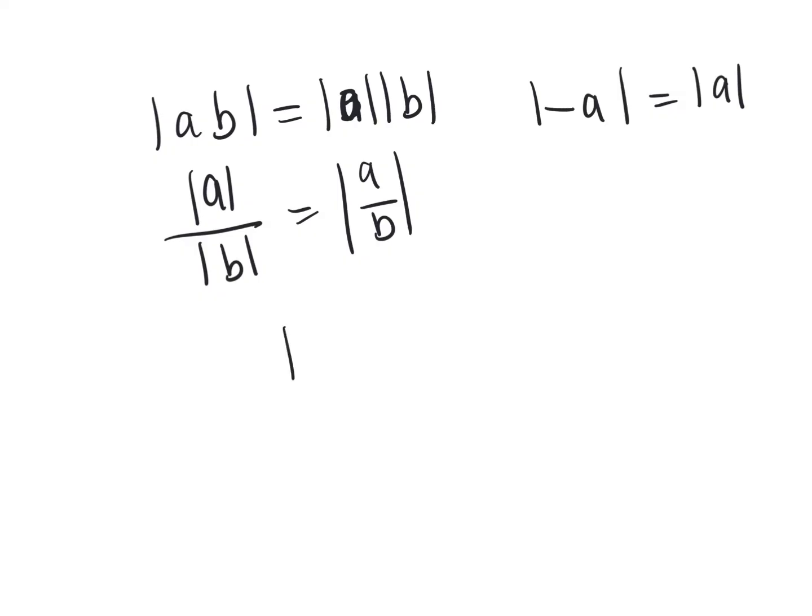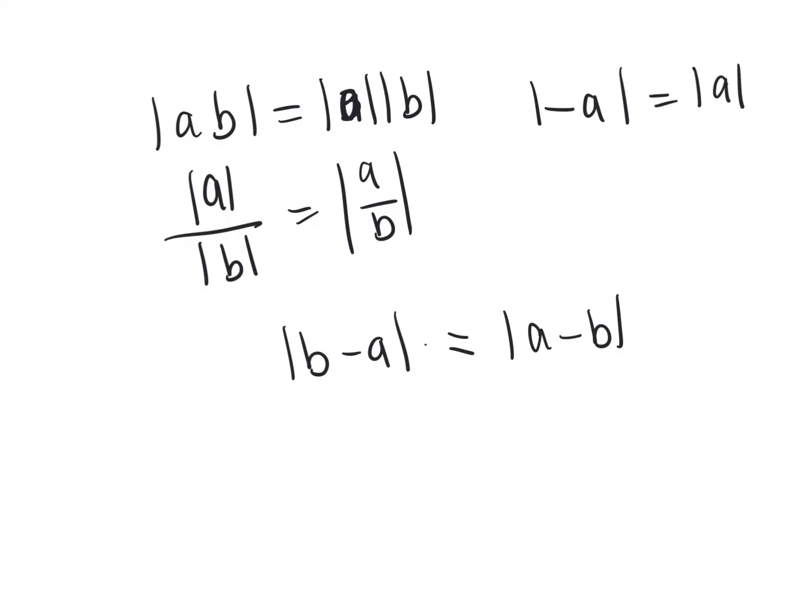And if I take B minus A, that is going to be equal to A minus B in absolute value. So you can switch them. It's always going to be the distance between the two numbers on a number line.